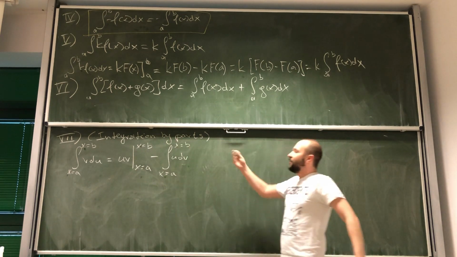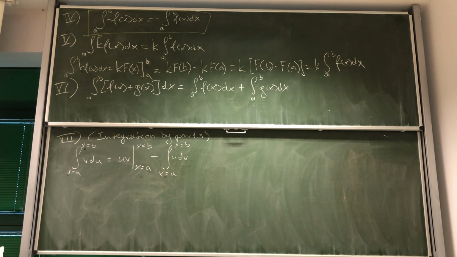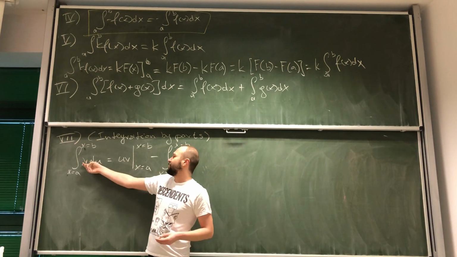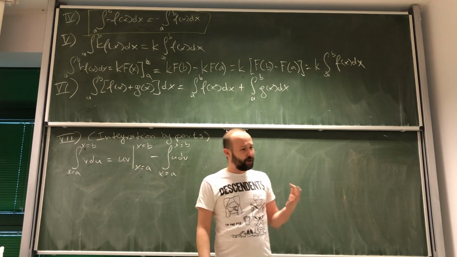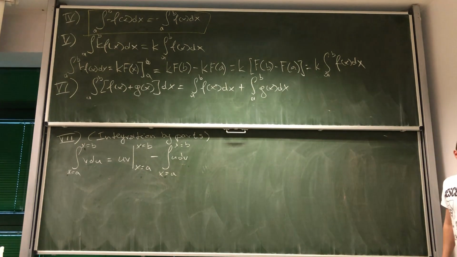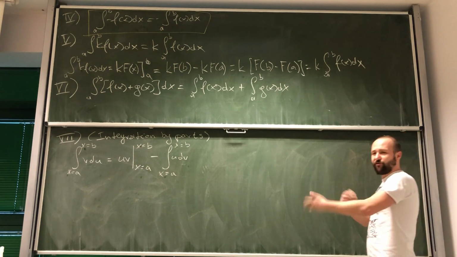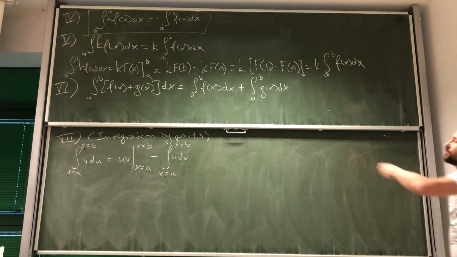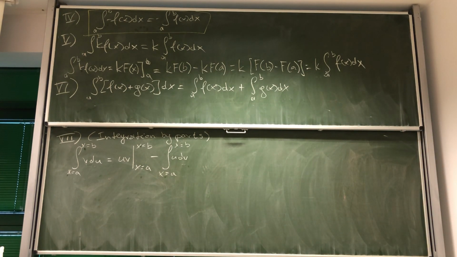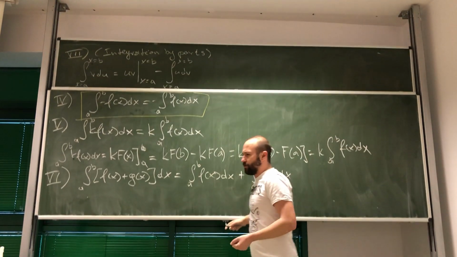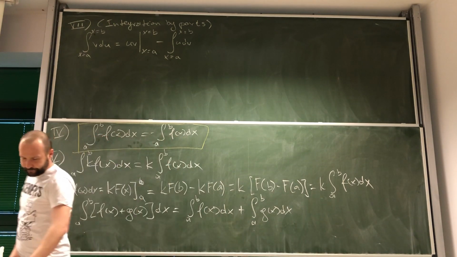Because remember, even though we are translating this expression into an expression with v and du, we still need to finally transform it back into x, and by this token, of course, we need to substitute a and b for x, not for any other variable.